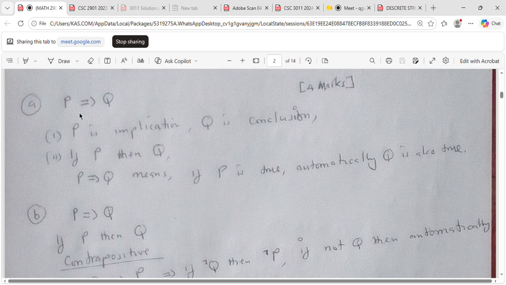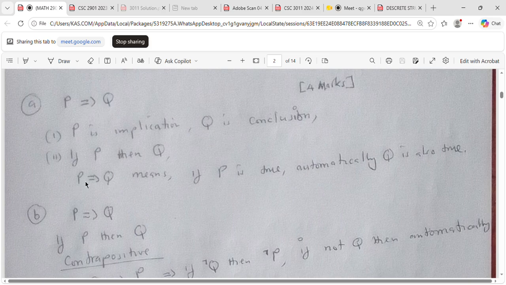So you need to define it. By definition, P is the hypothesis and Q is the conclusion. That is very important. If P, then Q.